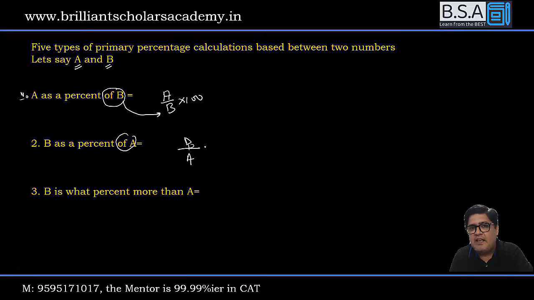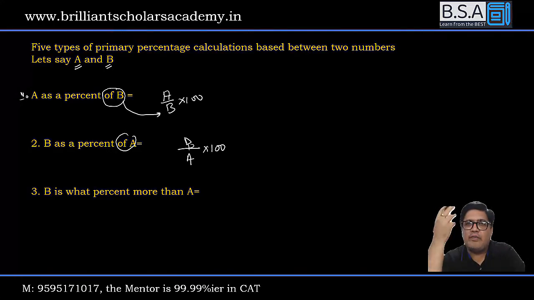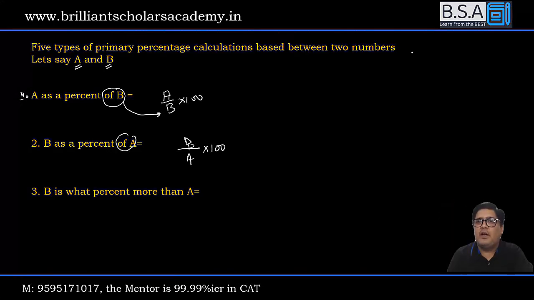It's just like saying you have 320 marks out of 500. What percentage have you got? 320 out of means denominator. Of के बाद denominator into 100. ऐसा. So of B denominator, of A denominator.